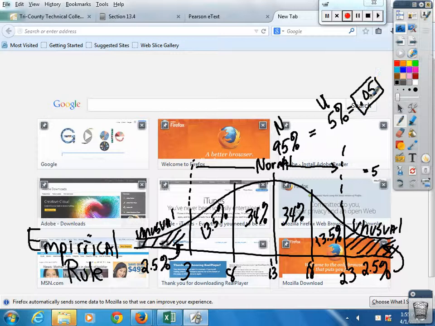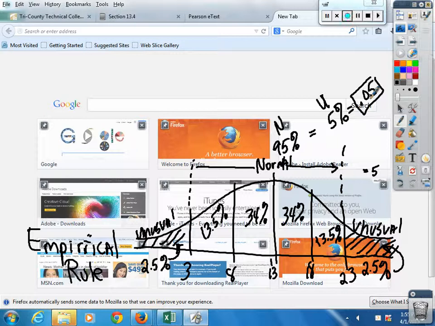That number is going to be used a lot when asking you if something's normal or not. If your number is greater than 0.05, then it's normal. If your number is less than 0.05, it's not normal.